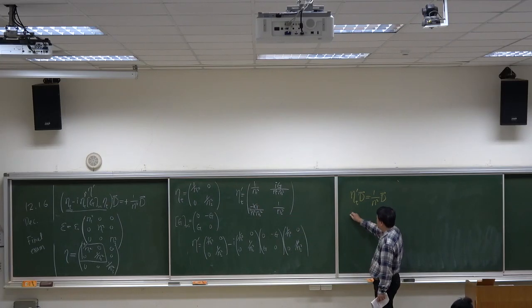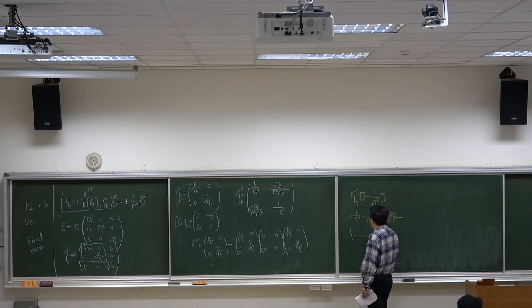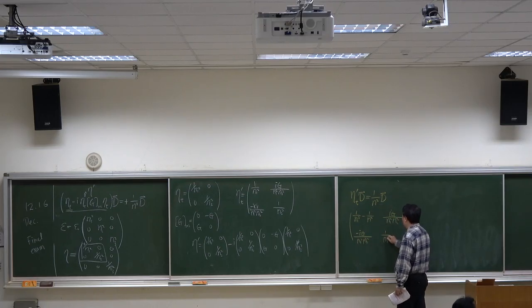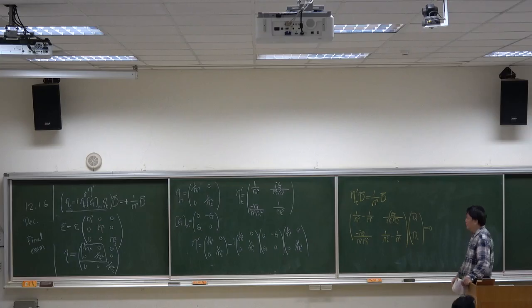So this means that we need to solve for this: 1 over n1 squared minus 1 over n squared, ig over n1 squared n2 squared, minus ig over n1 squared n2 squared, 1 over n2 squared minus 1 over n squared, times d1 d2. Okay.